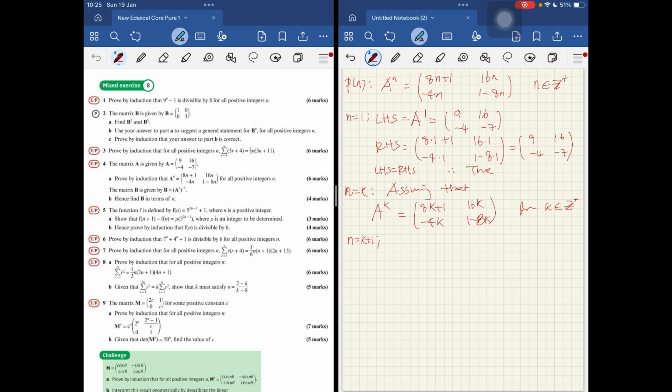So now we need to make A^(k+1) become A^k times A. So A^(k+1): 16k, negative 4k, 1 minus 8k, times 9, 16, negative 4, and negative k.